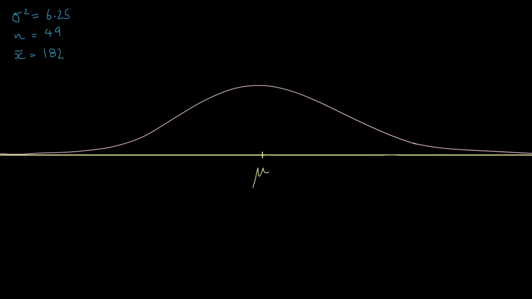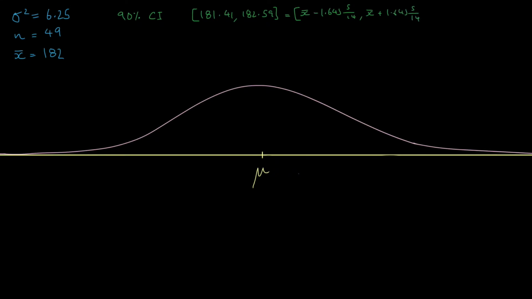And in that tutorial, we constructed what we called a 90% confidence interval for the population mean, mu, and this ranged between the values of 181.41 up to 182.59. But importantly, this represents the sample mean and then 1.645 standard deviations to the left, up to the sample mean and 1.645 standard deviations to the right.